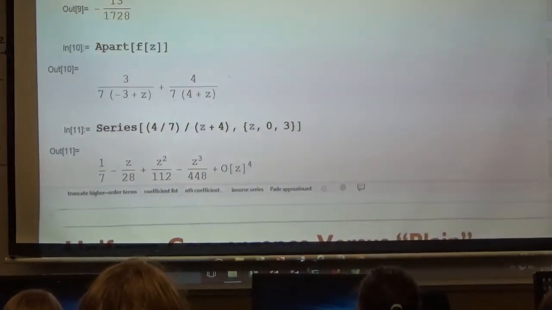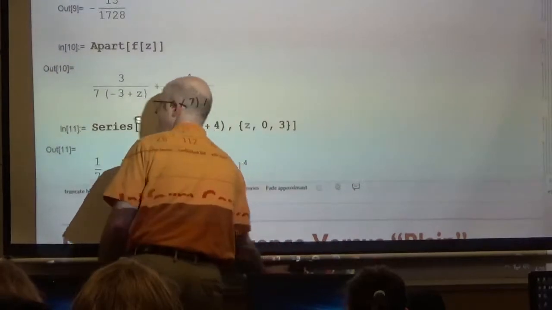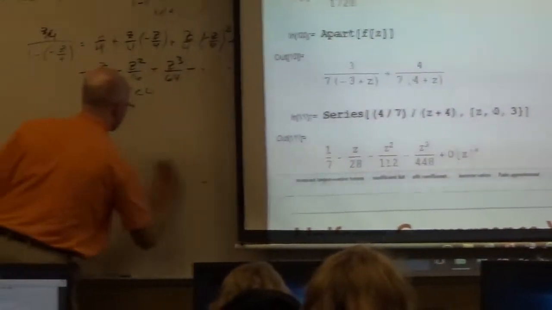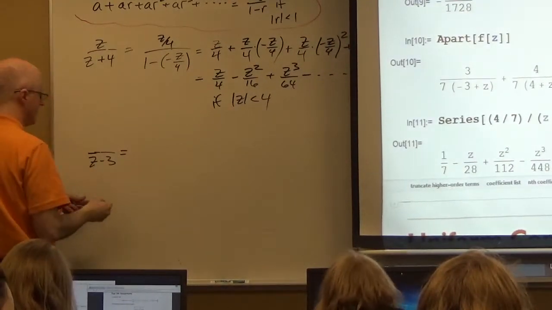But the series that I have for 1 over z minus 3 won't work, because that converges on a disk of radius 3 centered at the origin. It's not going to converge on this annular region. There's something else that I can do.